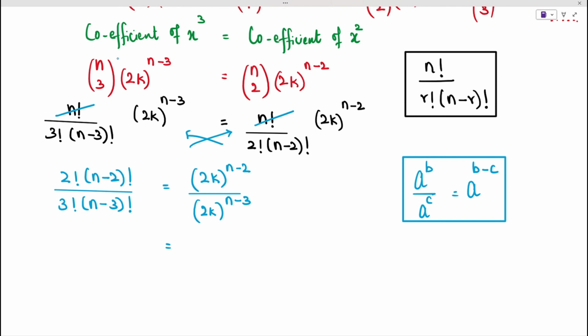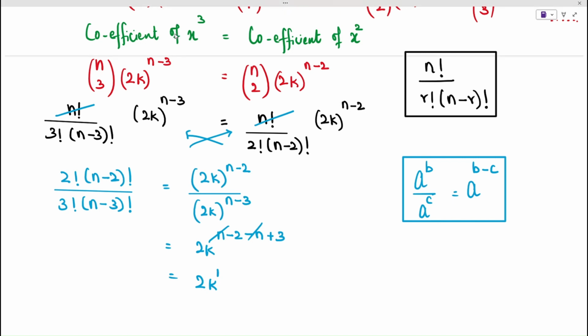So we can use this to get 2k to the power of, our b value here would be n minus 2, and our c value here would be n minus 3. So when we simplify this, we cancel out our n's, and we get 2k to the power of 1, and this is equal to what we have on the left hand side.